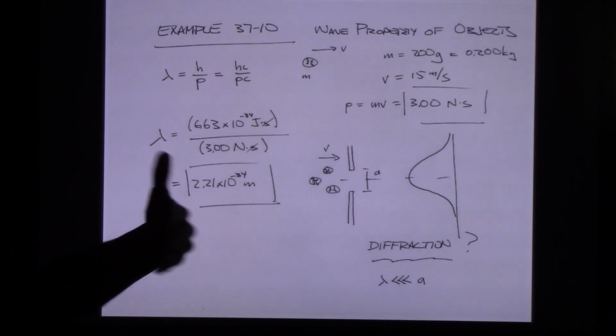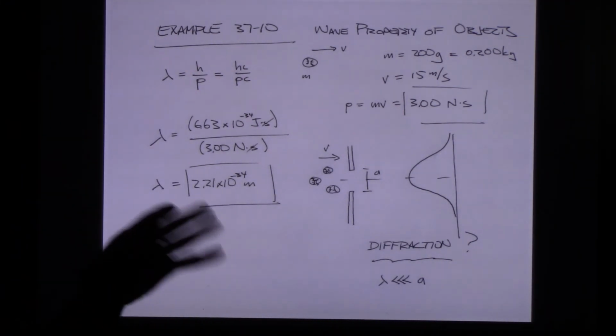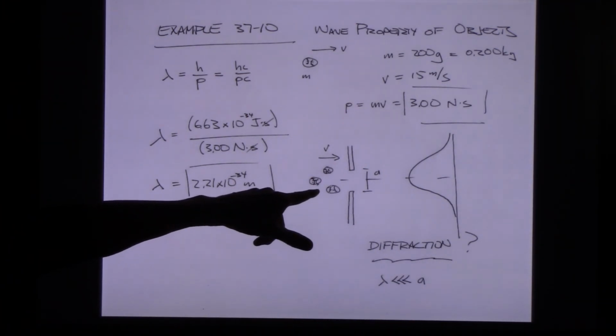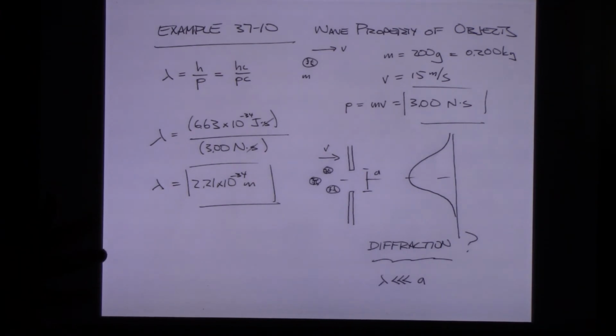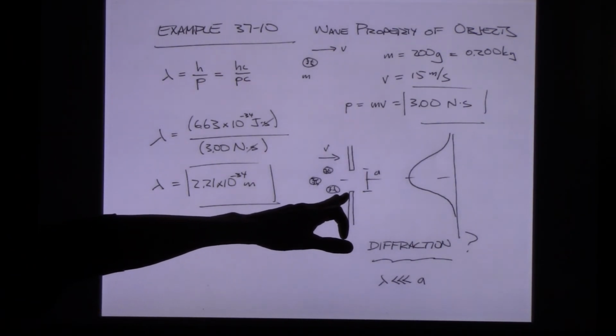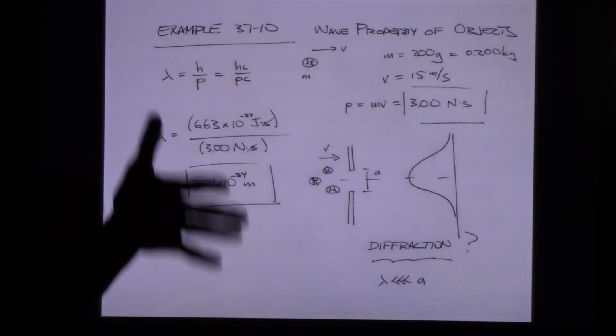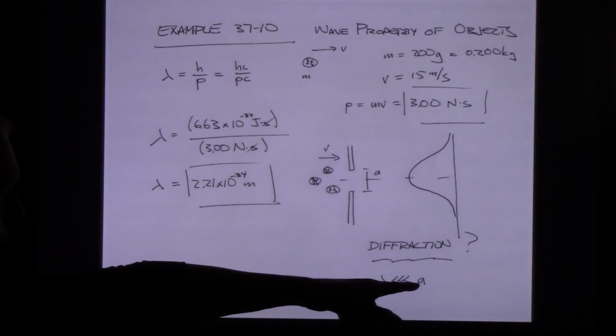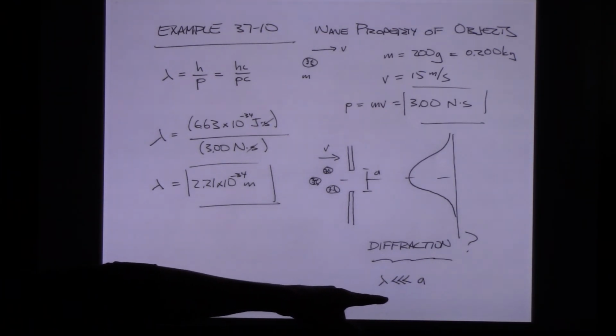Now imagine, let's go back to single or double slit interference effects. Let's take a bunch of baseballs and throw them through a slit. The slit will have some kind of a width to it, and see if we get a diffraction effect. Well, what we're going to run into in this example is that the opening is always going to be bigger than the wavelength.